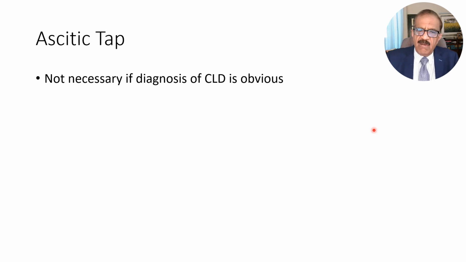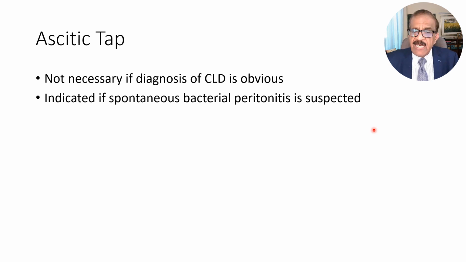Somebody having all the clinical features of ascites, and ultrasound has already shown the presence of cirrhosis, ultrasound has already confirmed the presence of ascites, I don't really think that it is necessary to traumatize the patient, take out fluid for examination. It would be necessary only in certain situations, indicated if you suspect spontaneous bacterial peritonitis.